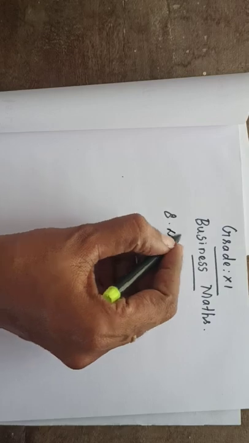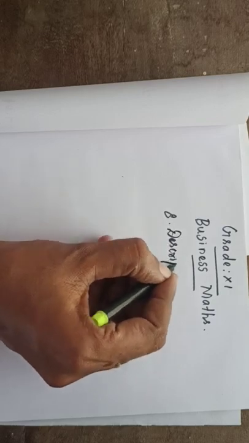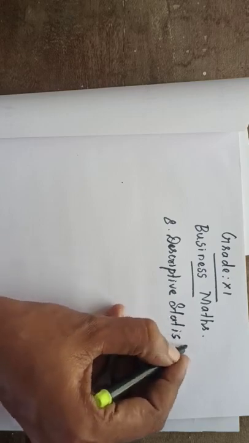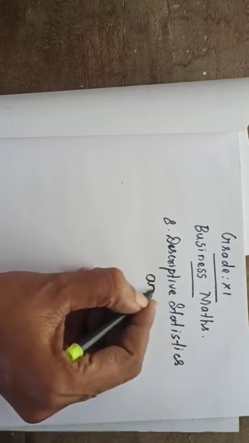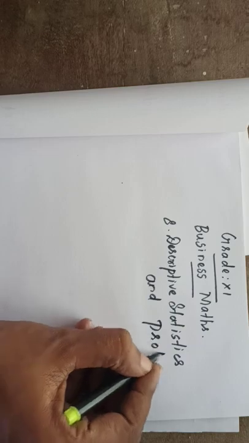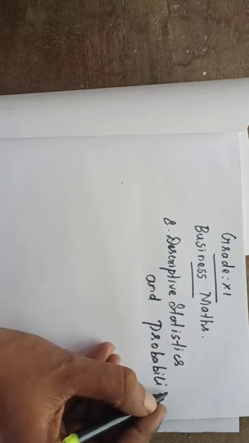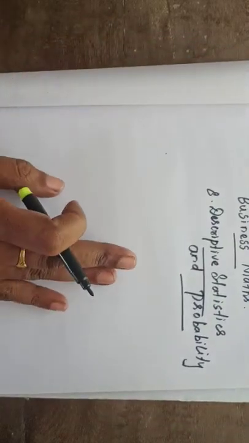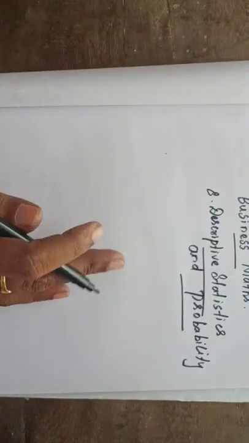The first examples 8.1 to 8.15 are deleted, so we have no need for those. That is geometric mean, harmonic mean, everything deleted. So we'll start from measures of dispersion.